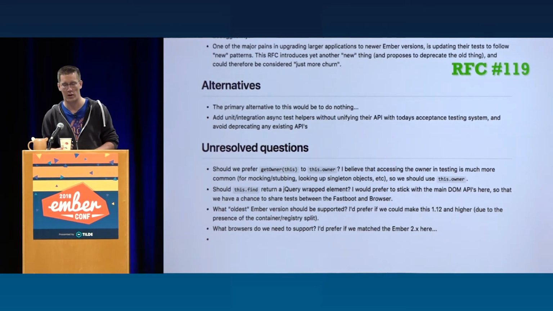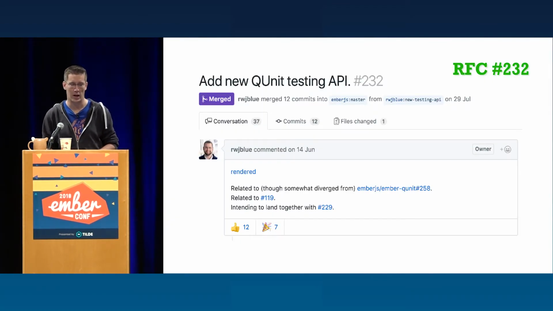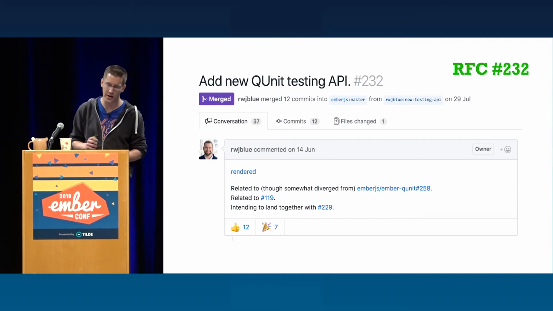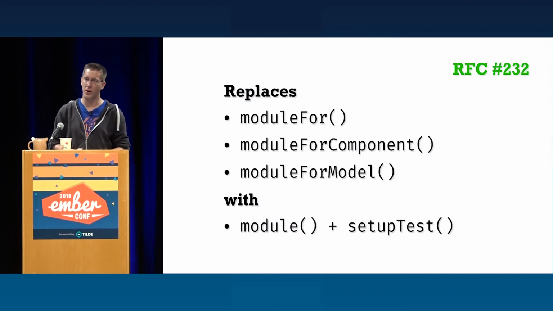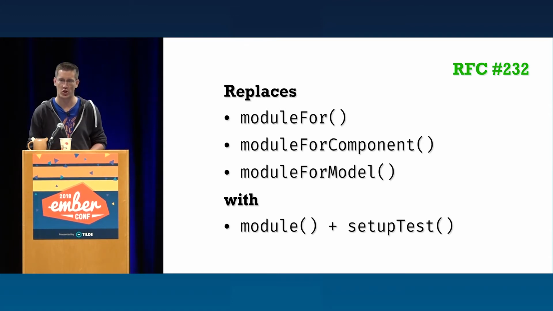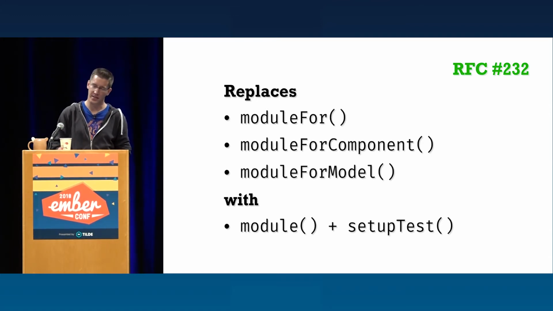And the first one is RFC 232, add new QUnit testing API. And the TLDR of this is that we replace the module for functions with the native module function that QUnit exports, plus a somewhat custom setup test function that basically integrates the module with the Ember testing setup.